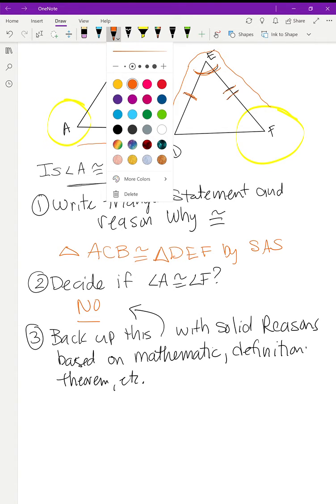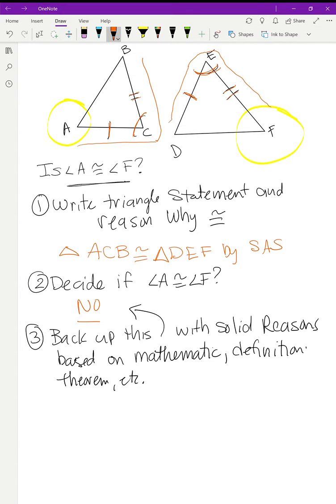So I would say that this is no, because angle A is actually congruent to angle D.